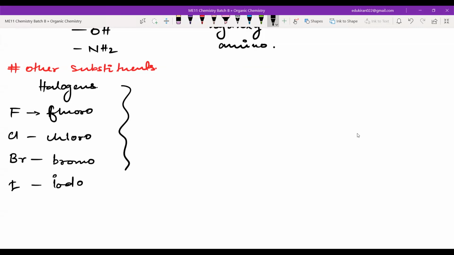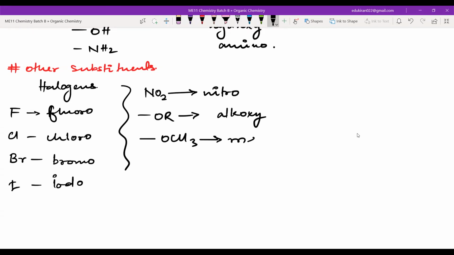Then you have a few more. NO2 is nitro. Then you have OR, which is alkoxy. For example, if you have OCH3, this will be methoxy. If you have OC2H5, this will be ethoxy. As simple as that.